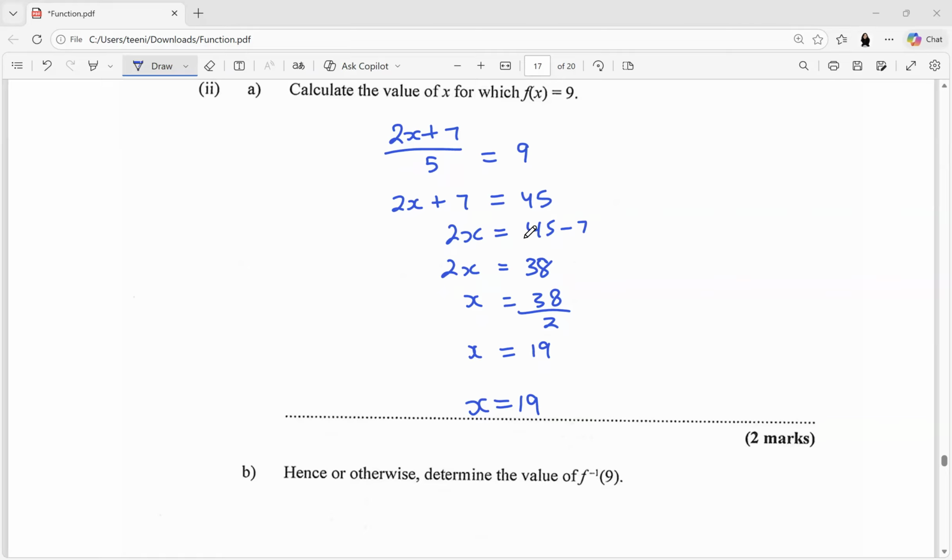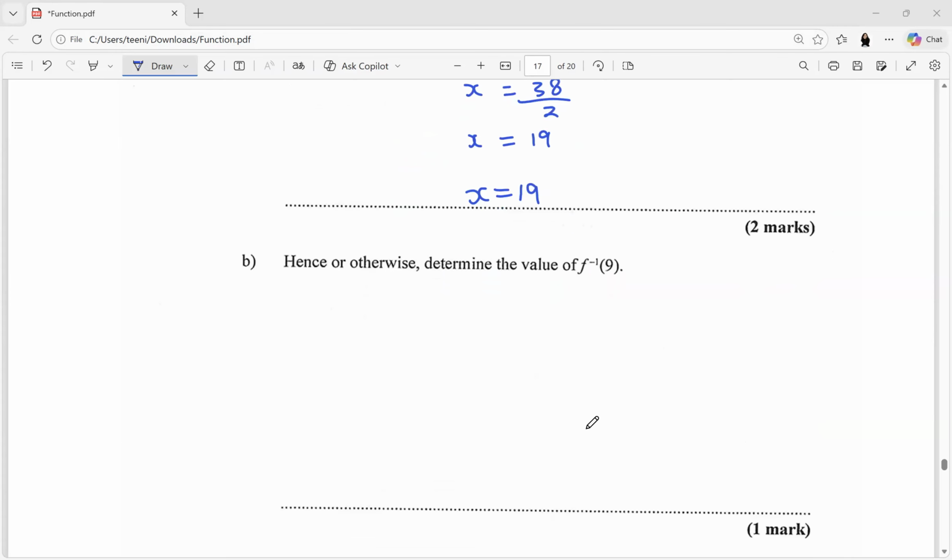So if f of x is 9 when x is 19, then f inverse of 9 will be 19. So that's why they said hence or otherwise.